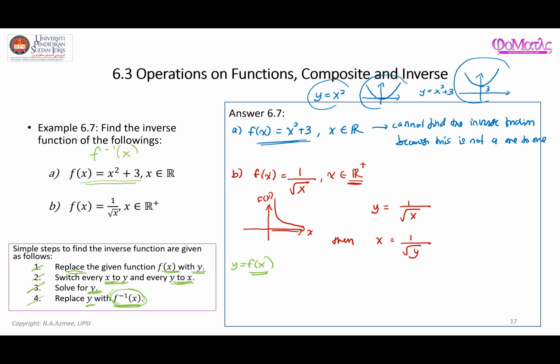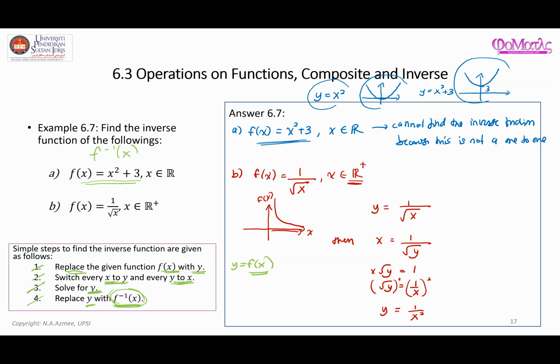So y will become the subject, so I'm going to have x square root of y is equal to 1. Square root of y is 1 over x. So how do I get rid of the square root? By introducing a square on the left hand side, and the same thing on the right hand side. So then I will have y is equal to 1 over x squared, and so this is the answer.